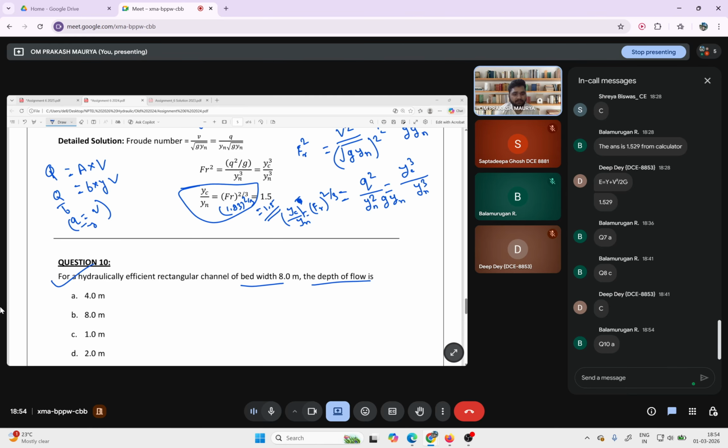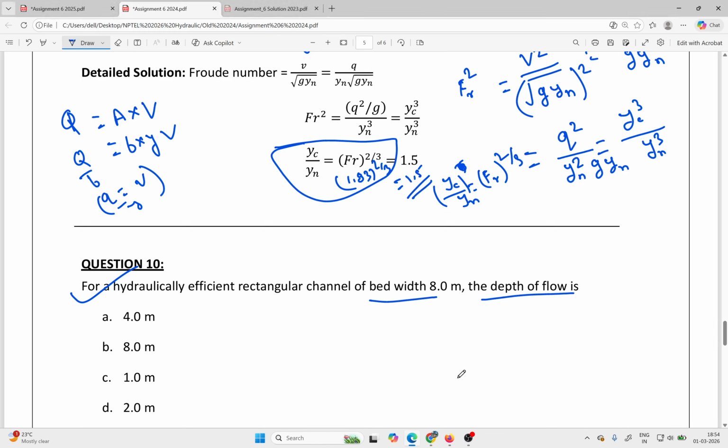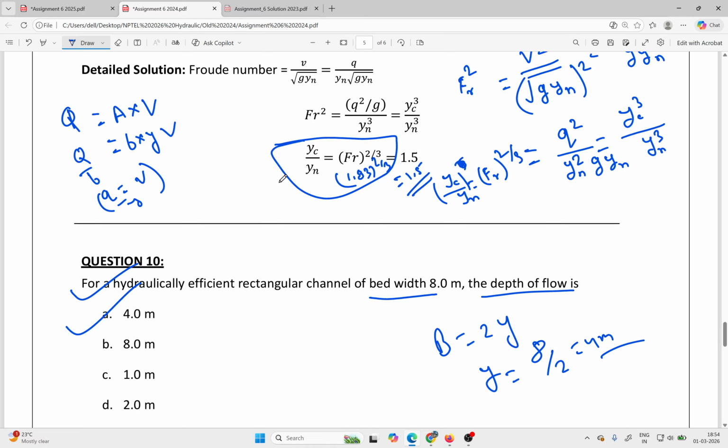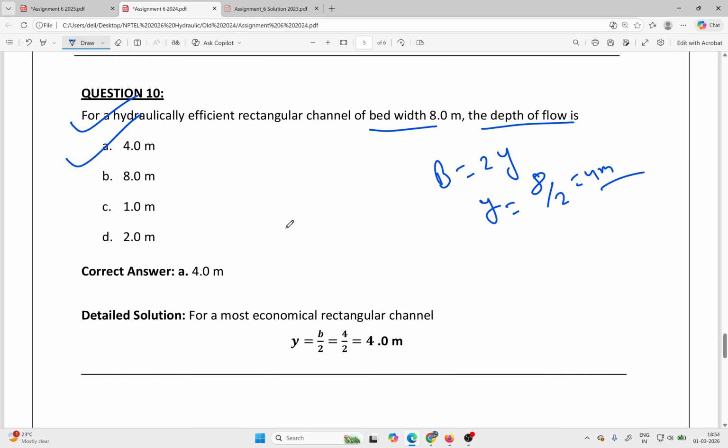Bala is telling A. We have solved such questions, so no need to waste time here. So already I have told you B is equal to nothing but 2y. So y is equal to 8 by 2, which is 4 meter. So option A is correct. Now we'll move on to the next one.